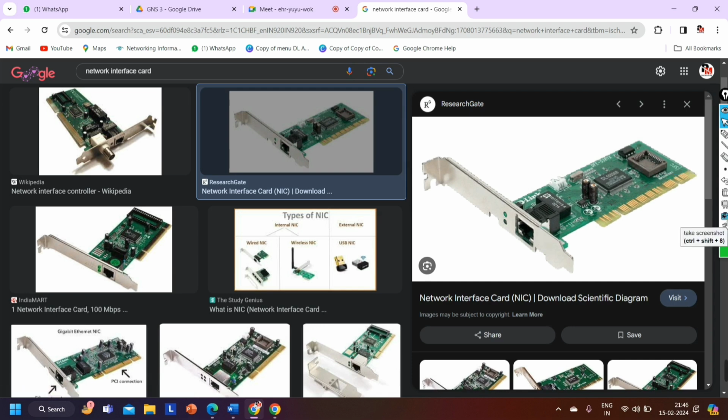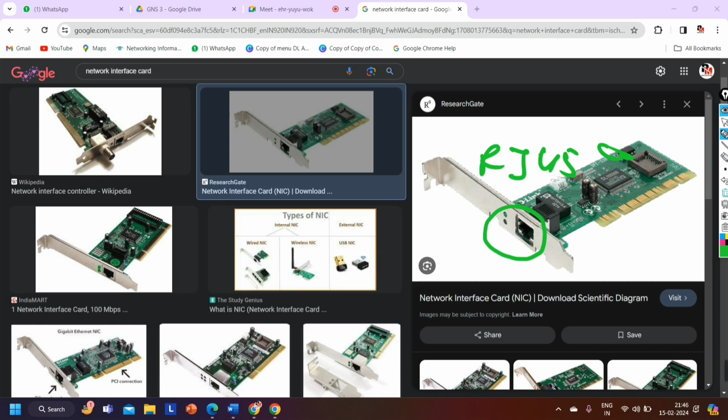In a few thin laptops, maybe you will not get this port, but you will still have a NIC card that supports Wi-Fi, right? But this port is for an Ethernet cable. Here you can insert an RJ45 connector.